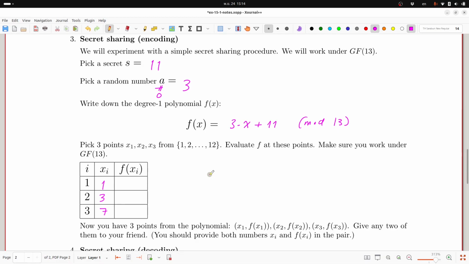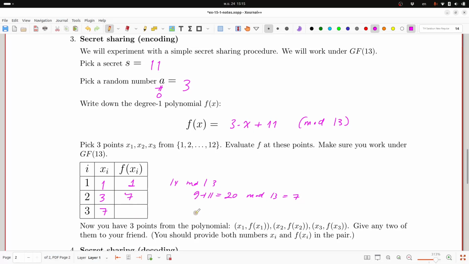Okay. So my first point is going to be 1. This is 3 plus 11, 14. 14 mod 13 is going to be 1. So for 3, it is going to be 9 plus 11, that's 20. Mod 13 is going to be 7.